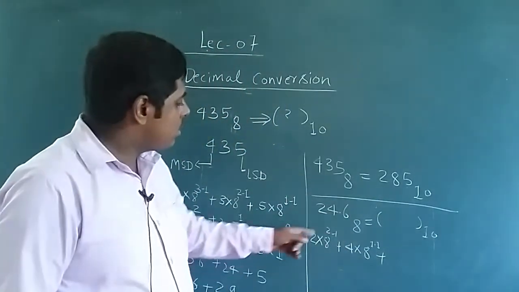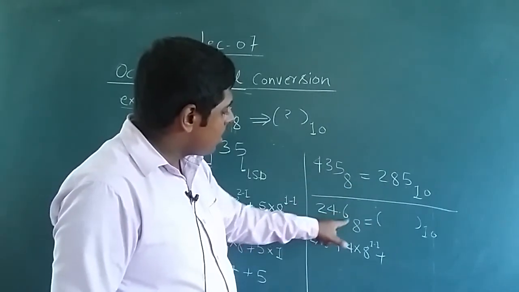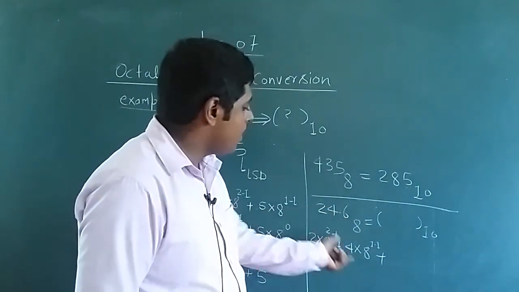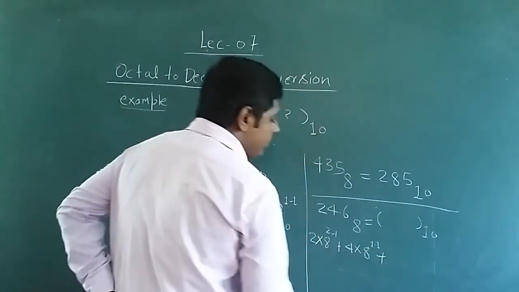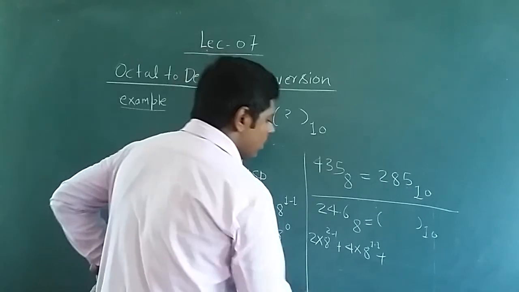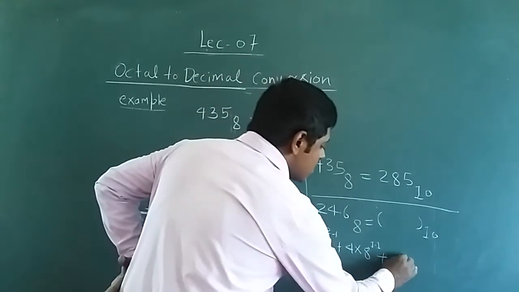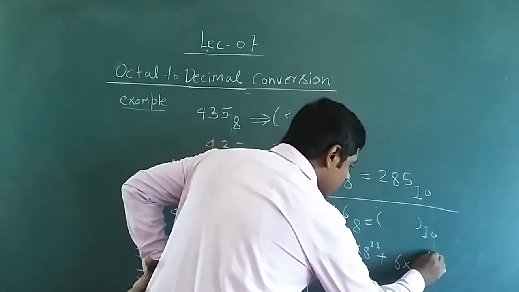Now here you can see after the decimal point we have 6, and what we are going to multiply is 6 into 8 power minus 1.